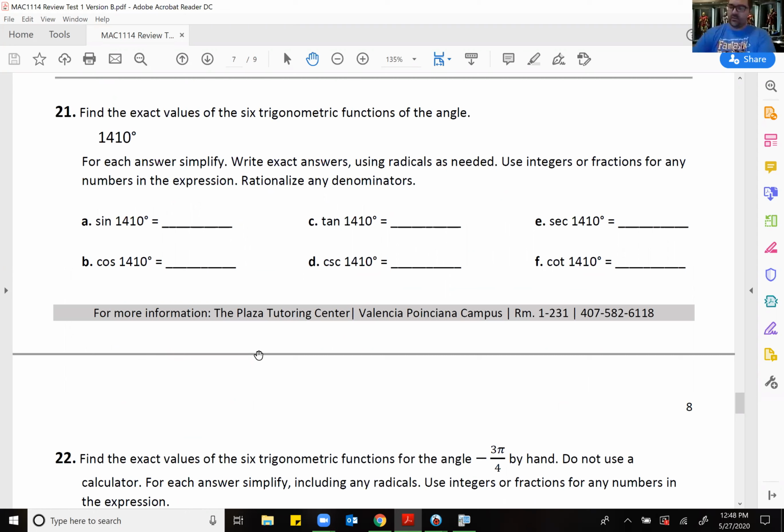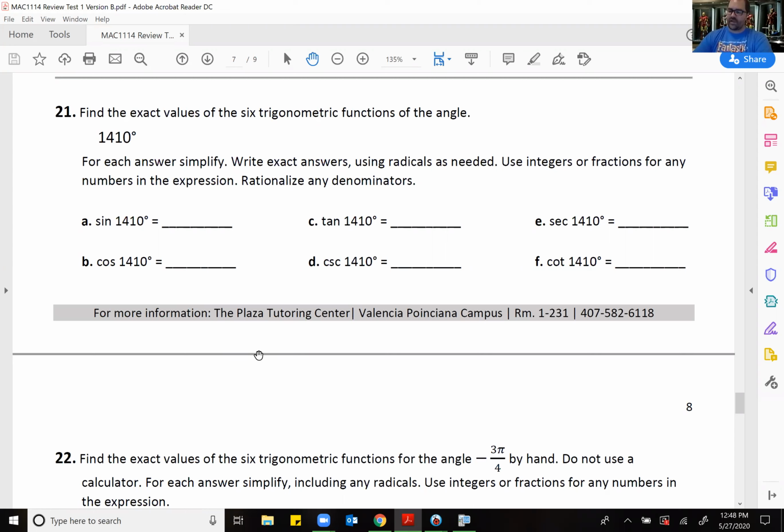Okay? So 21, again, this is all 9.6. So we've got this angle, and we want to know what is sine of 1,410 degrees. Cosine of 1,410 degrees.